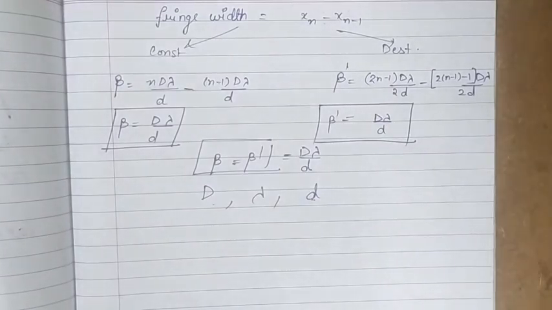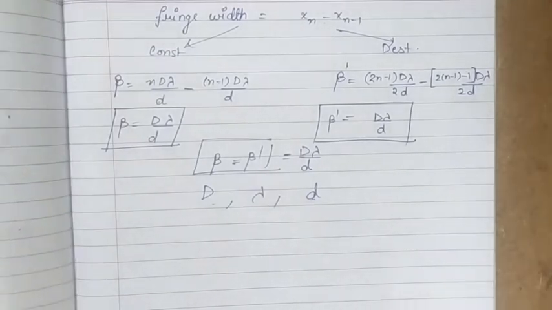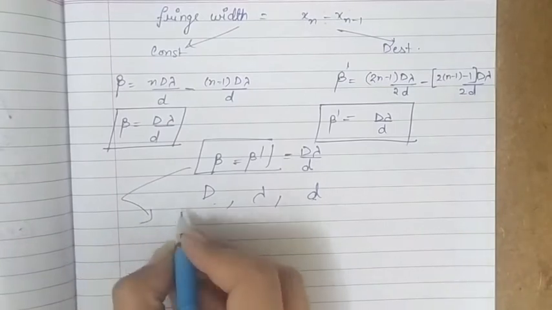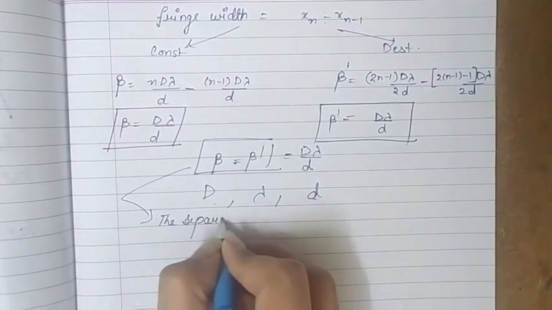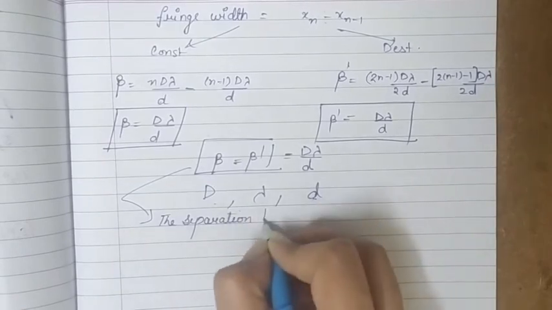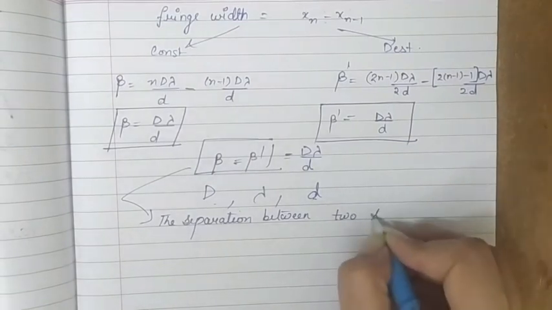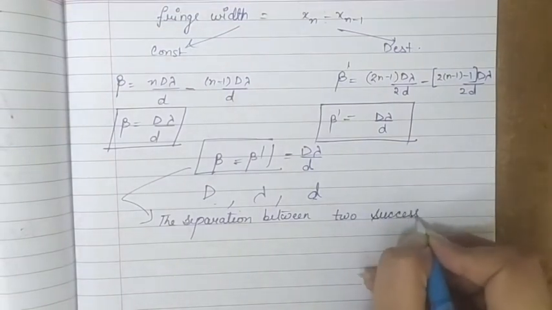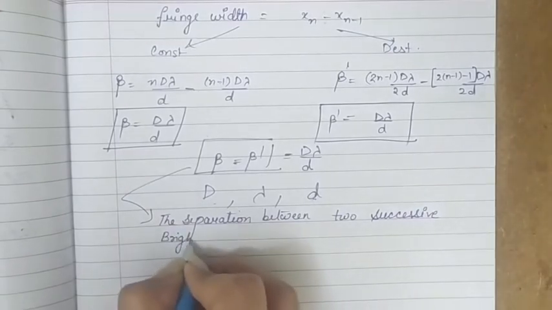This is the fringe width of the interference fringes that we are getting on the screen, and we can define it as the separation between two successive bright or dark fringes.